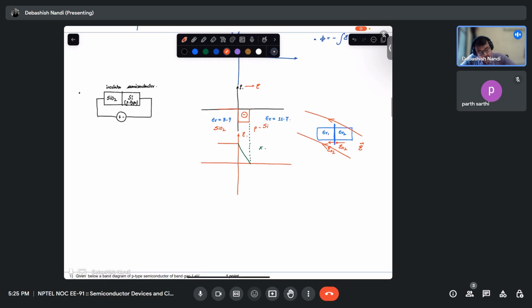But this EN1 and EN2 are related. And how are they related? The displacement vector has to be continuous across any interface of two different kinds of materials, okay? Let me write it down.